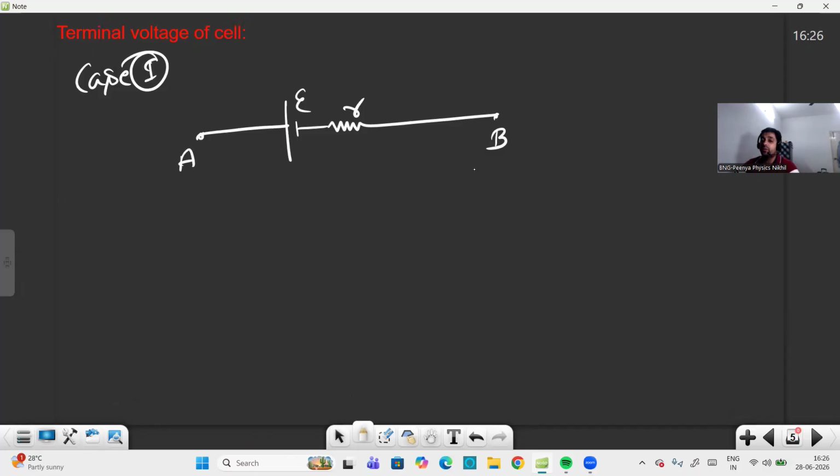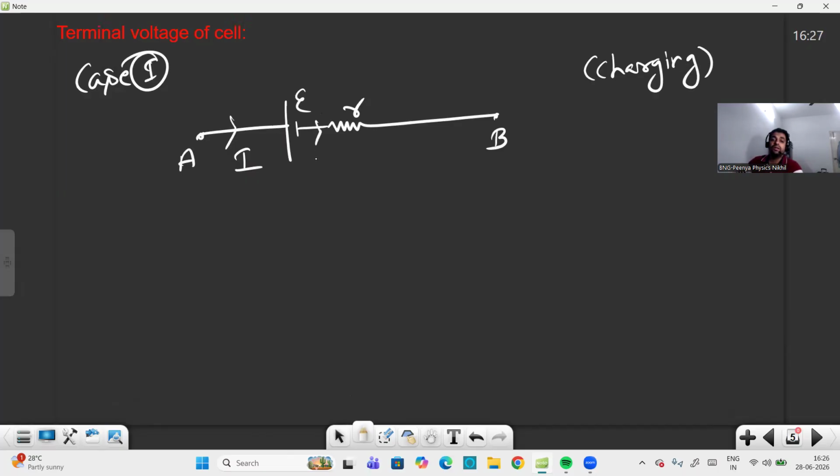The current will start to flow from outside into the battery. So when the charging condition is there, current will come from outside, meaning the external potential difference is more than the EMF of the cell. So outside the current will come into the cell. Here it is a case of charging. Correct. Now it gets charged.